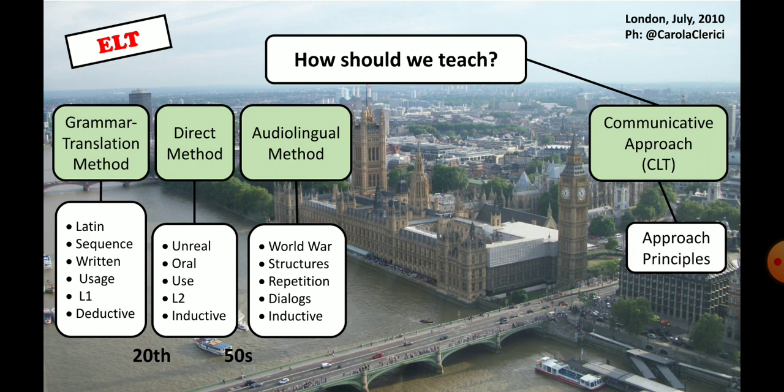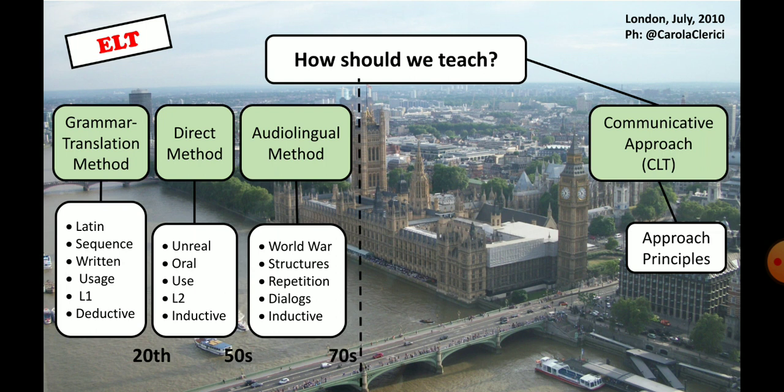And the big thing about this method is repetition. So students would be exposed to longer dialogues than before. The inductive approach is still present, and they would repeat, even without understanding, and they would create the idea of knowing the language. But it's not the way we understand communication nowadays.